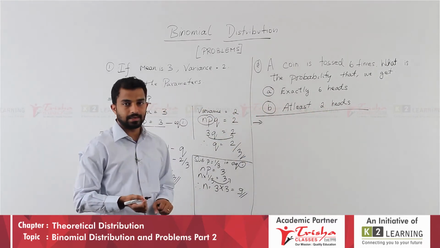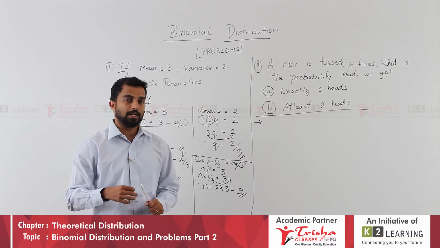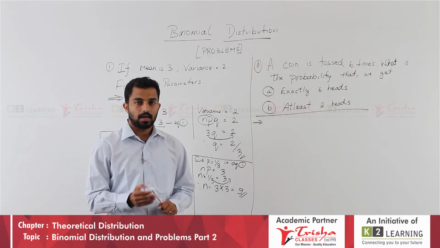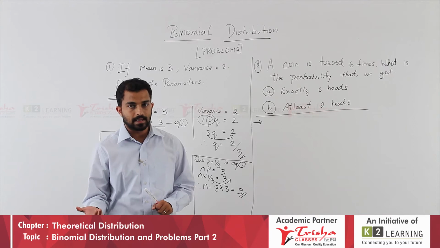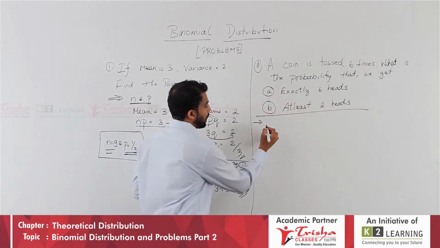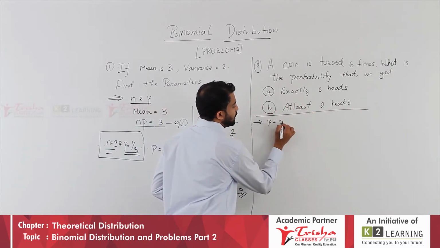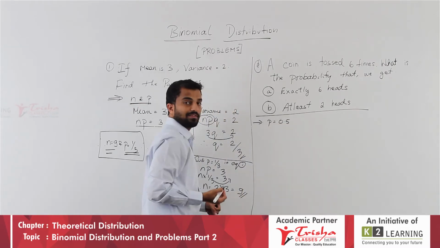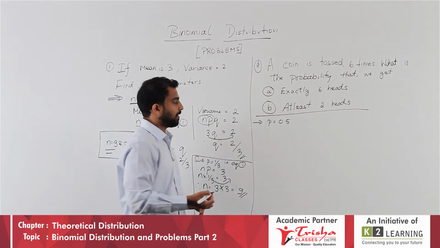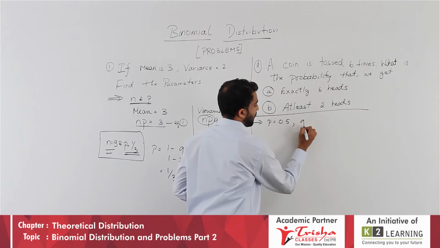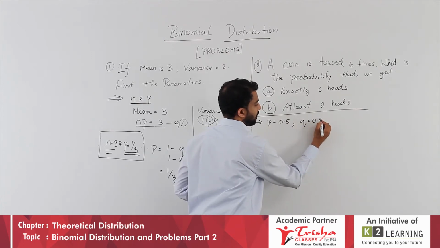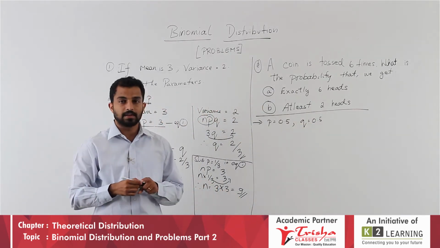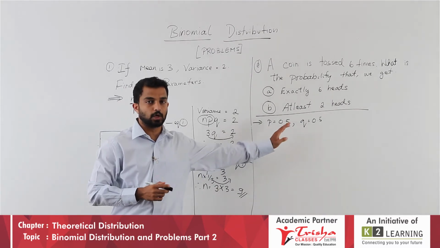What is the probability of tossing one coin, either a head or a tail? Probability is nothing but 0.5. If P is 0.5, what is Q? Even Q is 0.5. Okay. P is given 0.5, Q is given 0.5.